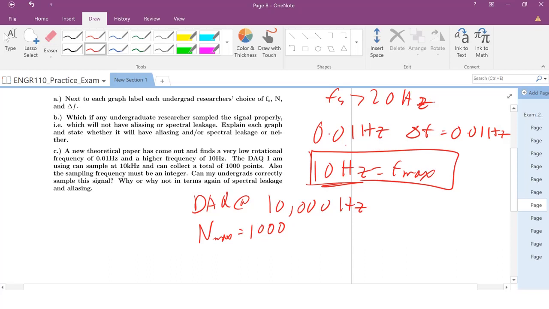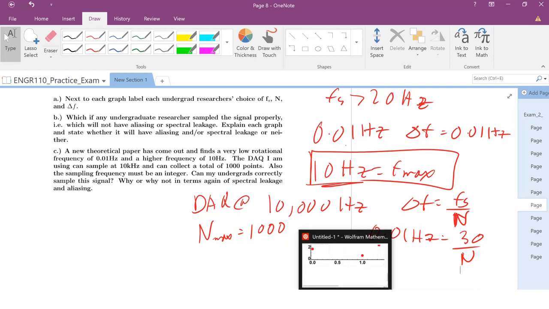We know that delta F is equal to Fs divided by N. So if I want to make sure this is 0.01 hertz, and let's say I sample at 30 divided by N, let's see if we can do this.